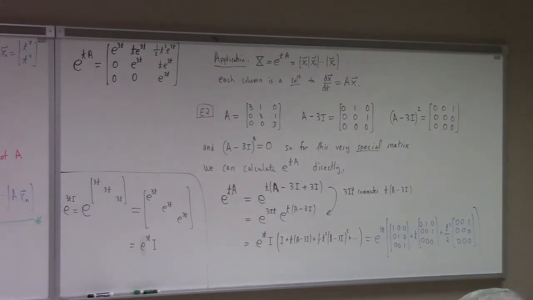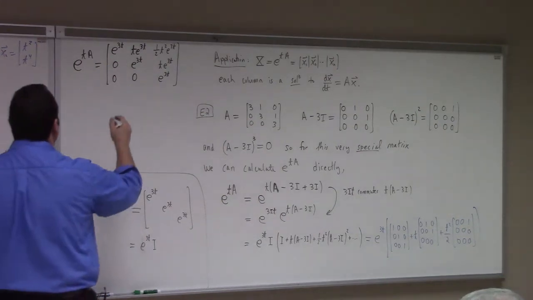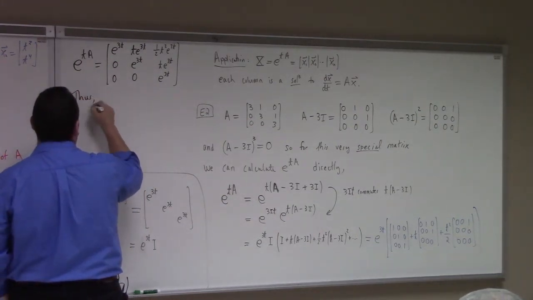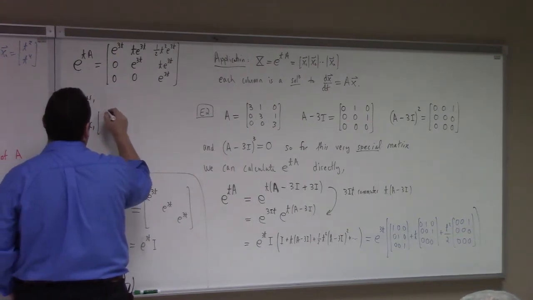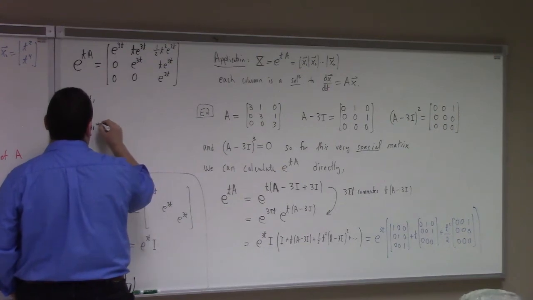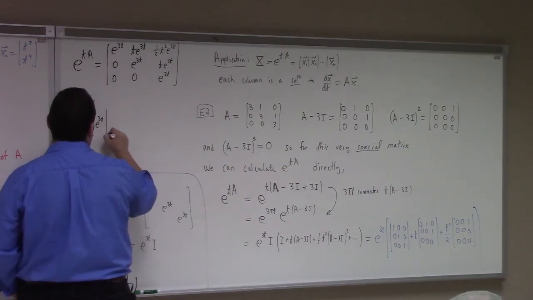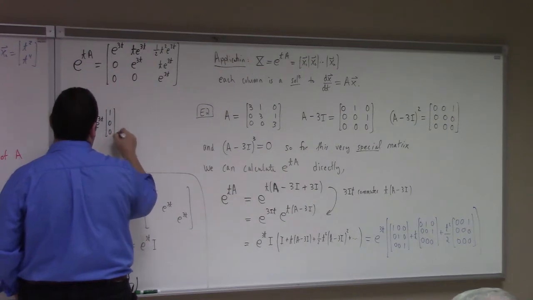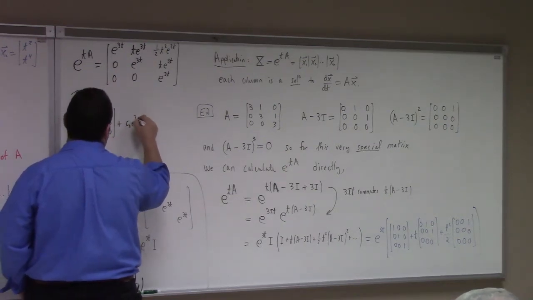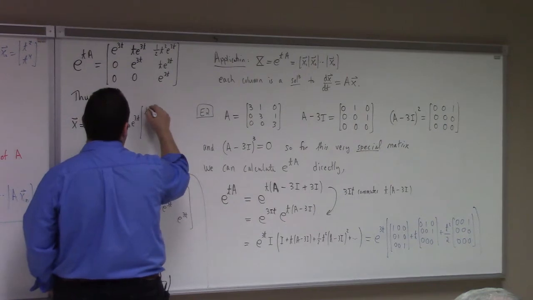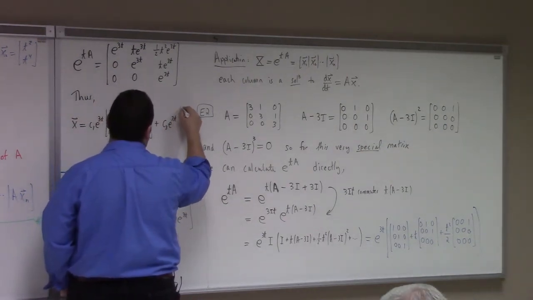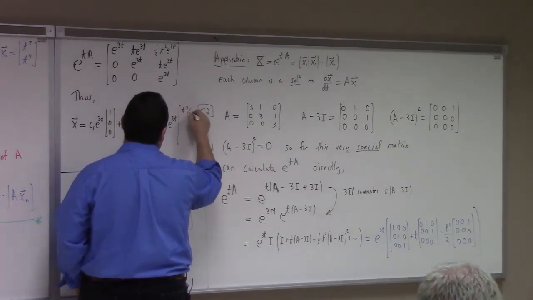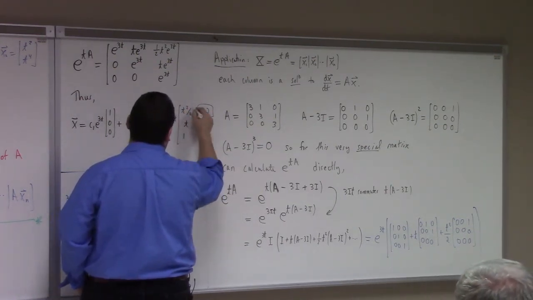So that's a fundamental solution matrix, right? I can write down the general solution. So what's the general solution? X equals C1, I'll pull the e to the 3t out because it's easier, e to the 3t times (1, 0, 0), plus C2 e to the 3t times (t, 1, 0), plus C3 e to the 3t times (t squared over 2, t, and 1).